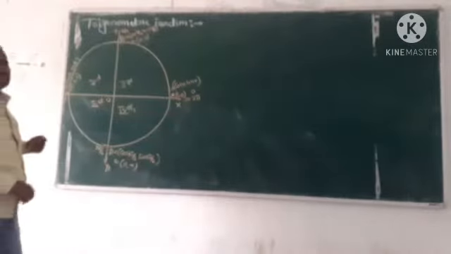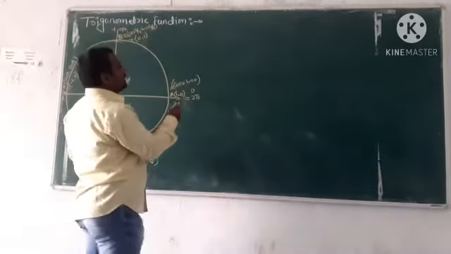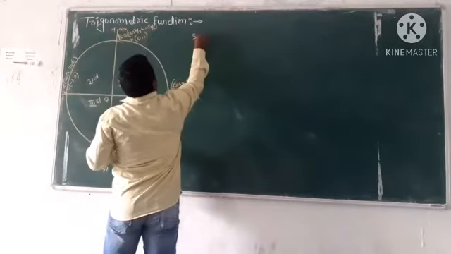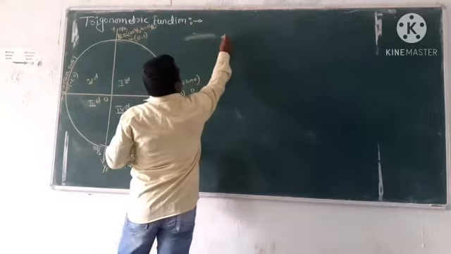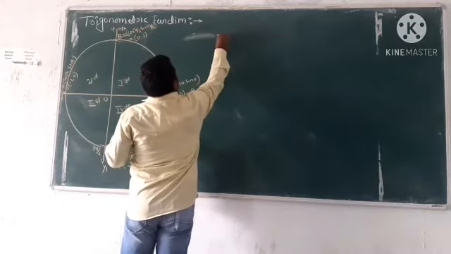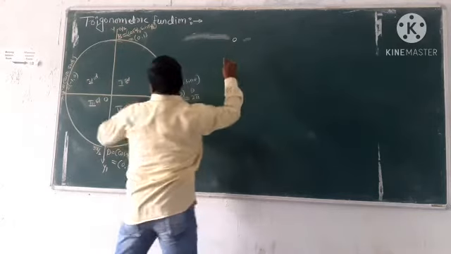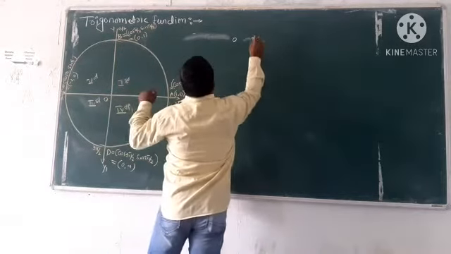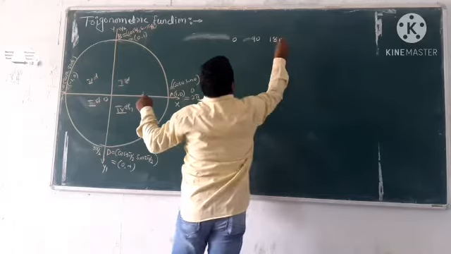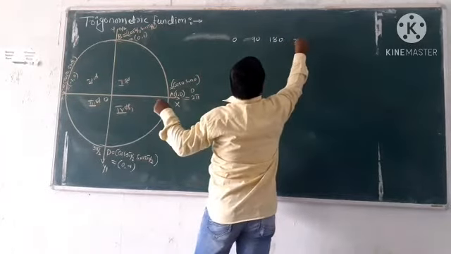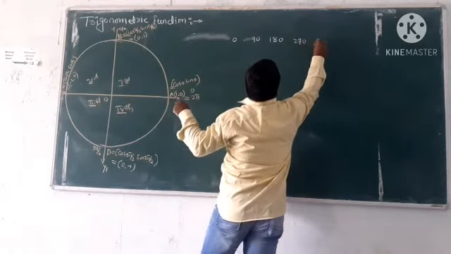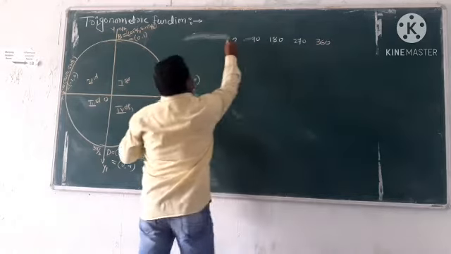And most important for the table, I'm going to write sin theta directly. Here the angles are 0, 90, 180, 270, 360 degrees.